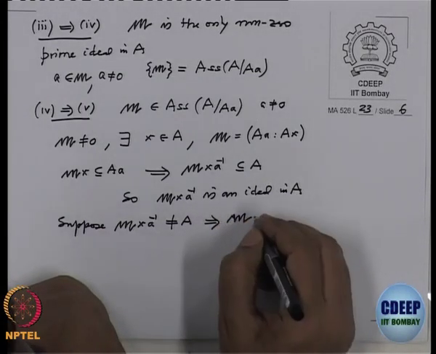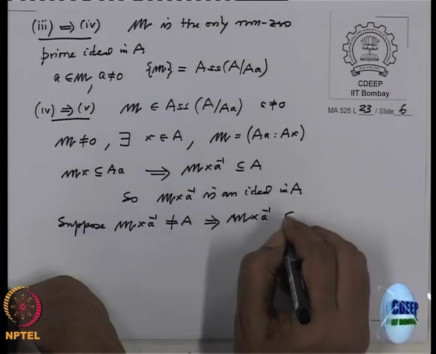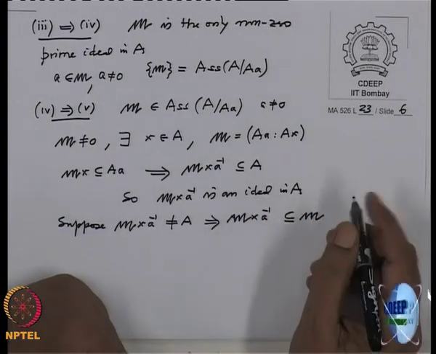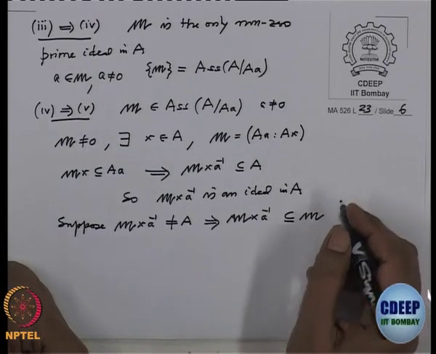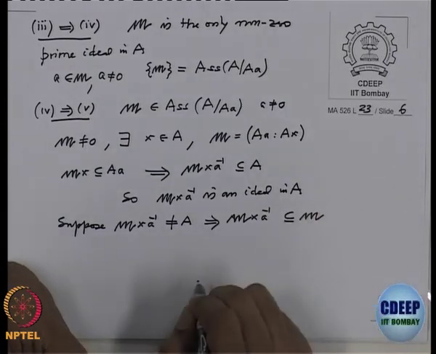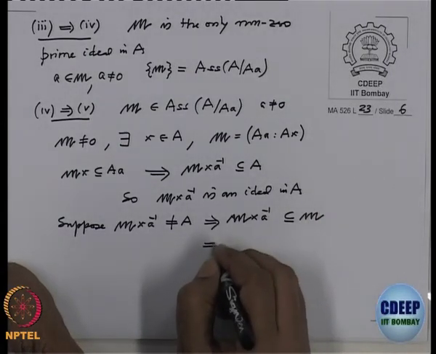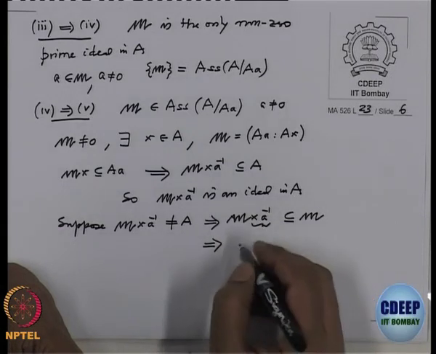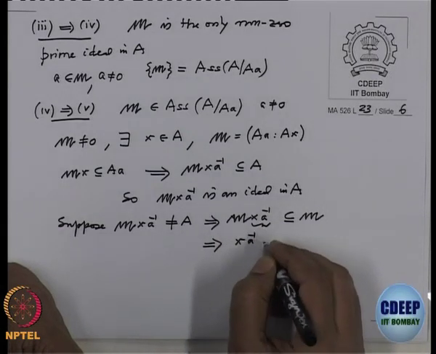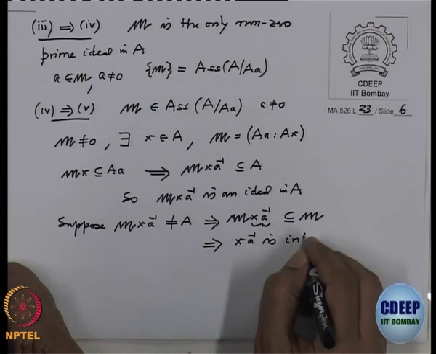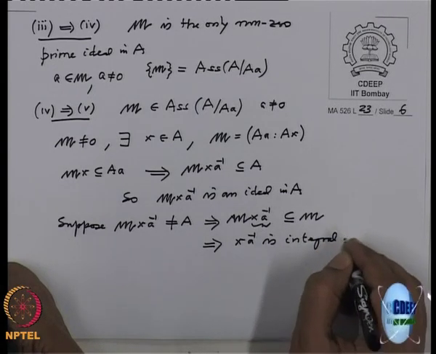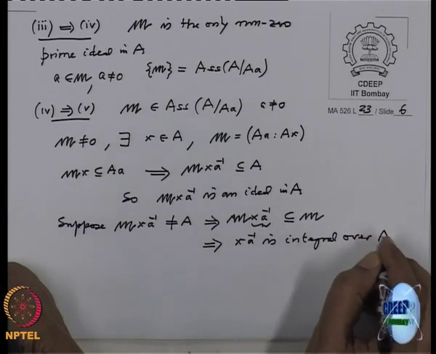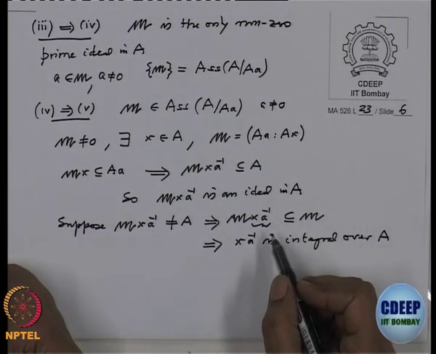Then m x a inverse will be contained in M, but that means that this element x a inverse is integral over A. That is one of the characterizations for integral elements.